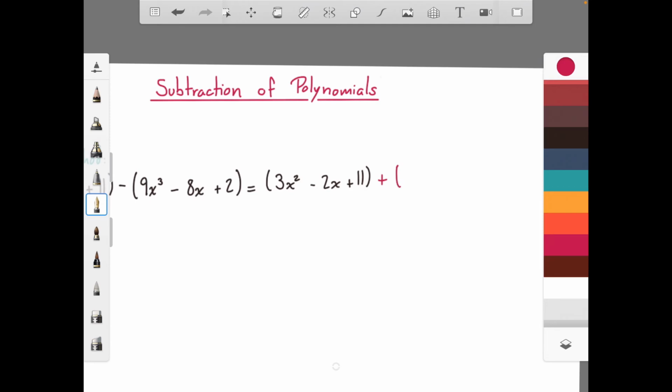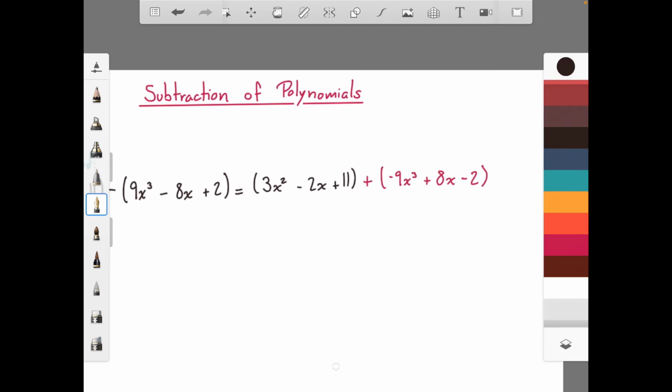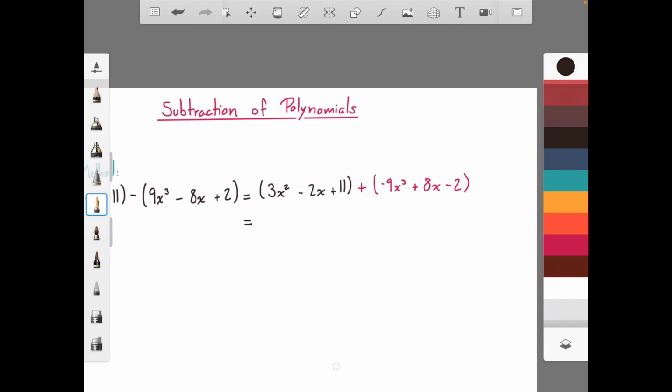So this turns into negative 9x to the third power plus 8x minus 2. You have to be very careful in this part, because this is where a lot of people get confused and make mistakes. If you're not careful, you can mess the exercise up.